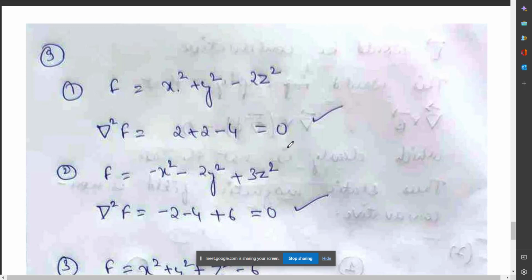Madam, if you are differentiating, it will be 2x plus 2y minus 4, no? Yes, if you differentiate once, it will be 2x plus 2y minus 2 into 2 of z.